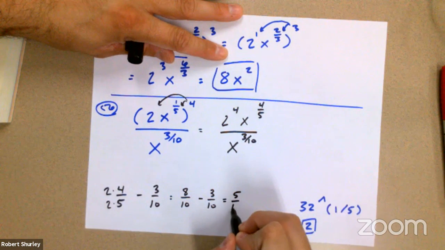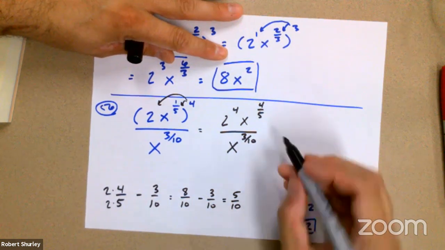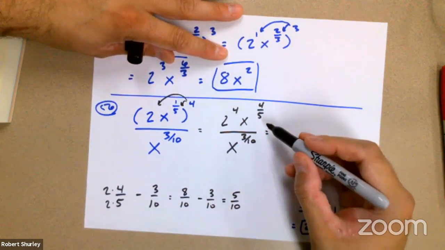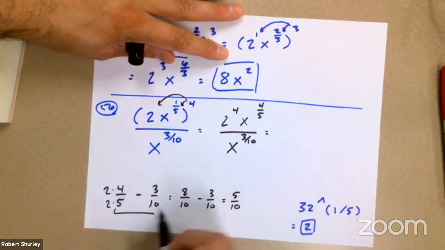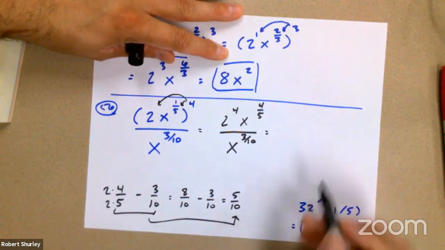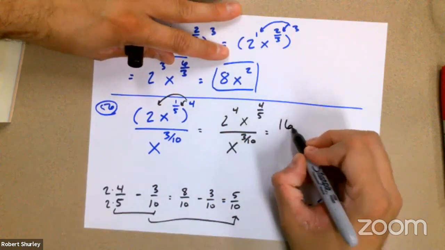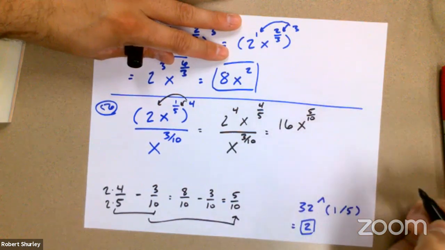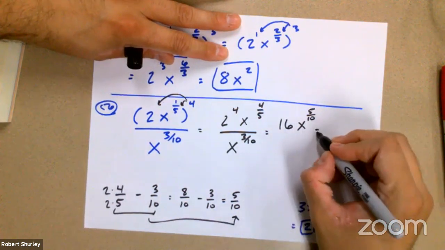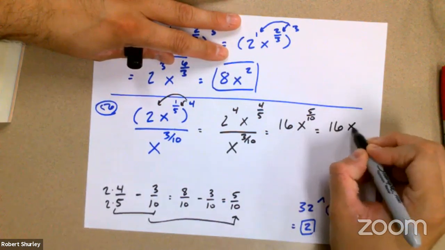That's 5/10, right? So 2 to the 4th is 16. And then we wind up with x to the 5/10. Now 5/10 though is just 1/2. So we get 16 x to the 1/2.